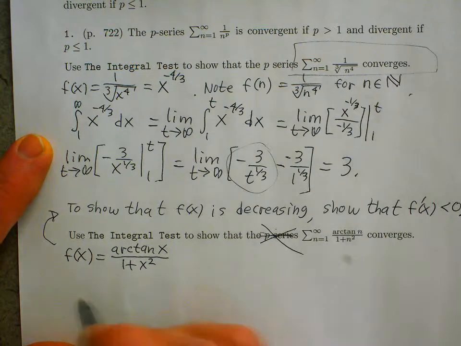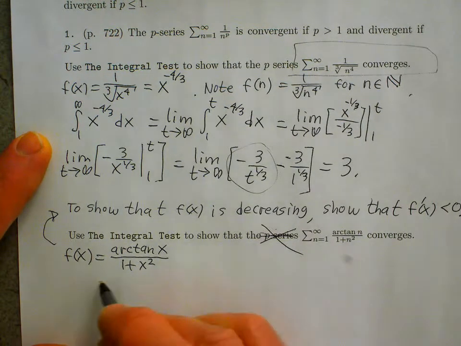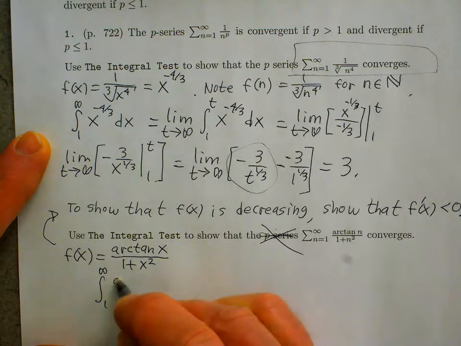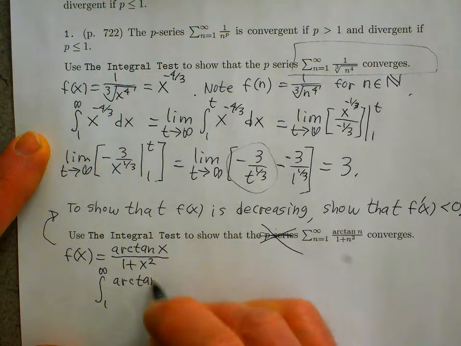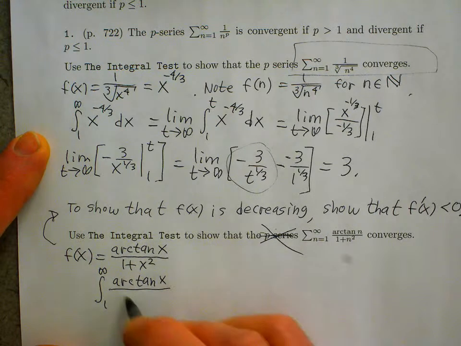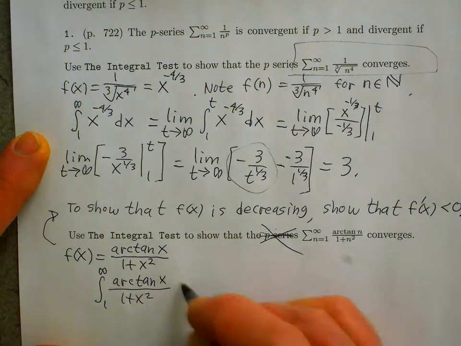Okay, so we're going to take a look at the improper integral from 1 to infinity of the arctangent of x divided by 1 plus x squared dx.